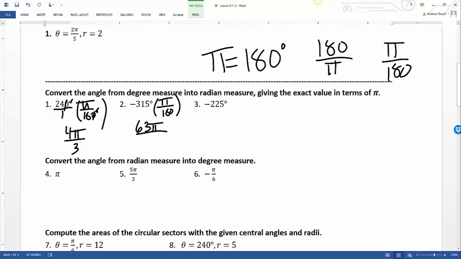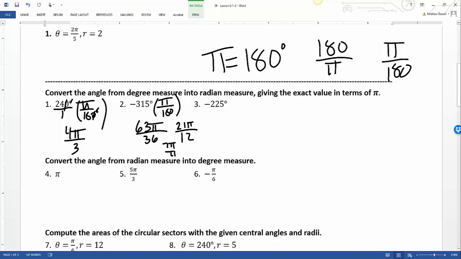And then 180 divided by 5, that's 36. Now it looks like I can do by 3. So 63 divided by 3 is 21. And then 36 divided by 3 is 12. I can do 3 again. And so this is going to give me 7 pi over 4.